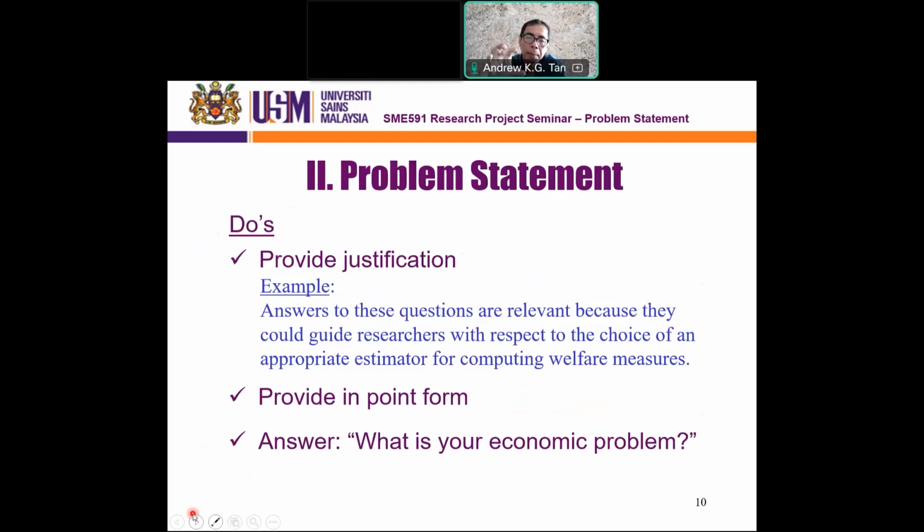If somebody were to read your problem statement, they must be able to identify what is the economic problem that you are trying to solve. If they want to know what you are examining, what you are trying to solve, they must read it not from the introduction, not from the methodology, not from the objectives. They must be able to identify the problem that you are trying to solve from your problem statement by looking at how you answer this question: what is your economic problem?